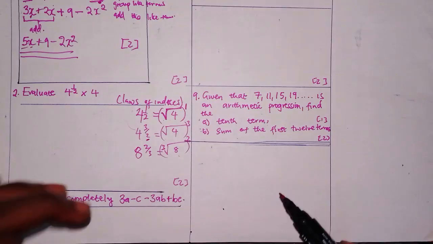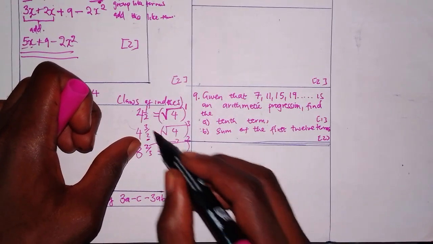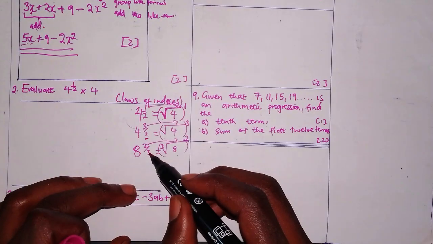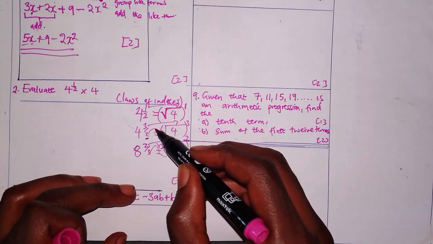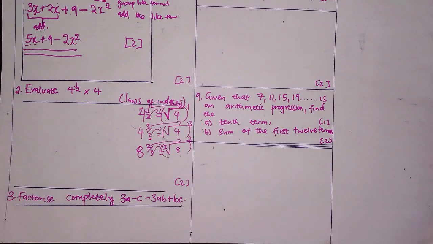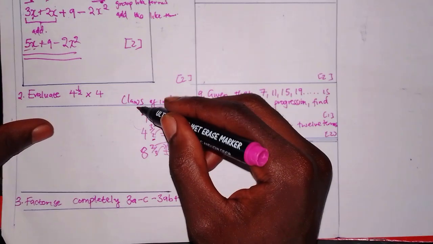So always remember, whatever is on top becomes the power, and whatever is below becomes the root. The reason we are not writing 2 is because square root represents 2. Yeah, so now getting back to our question.